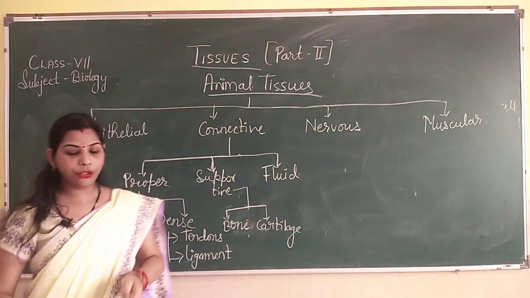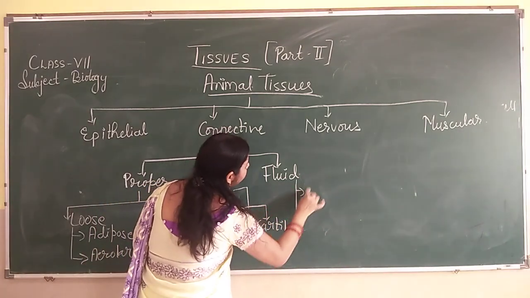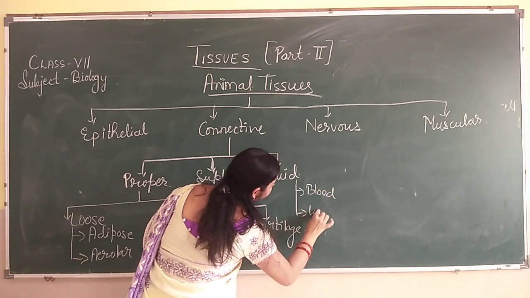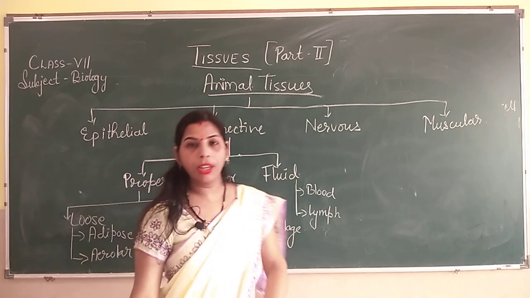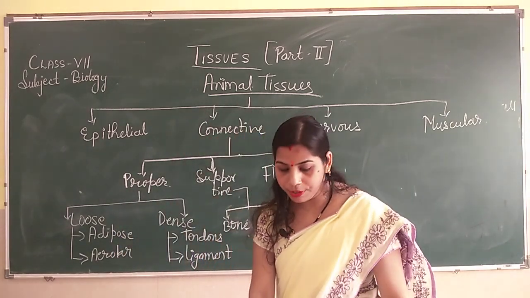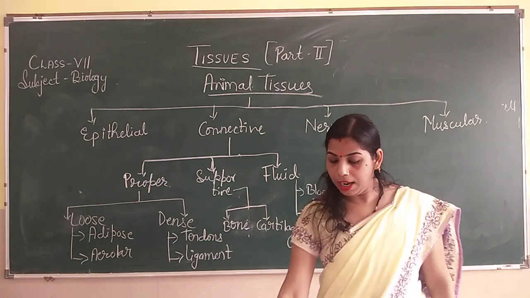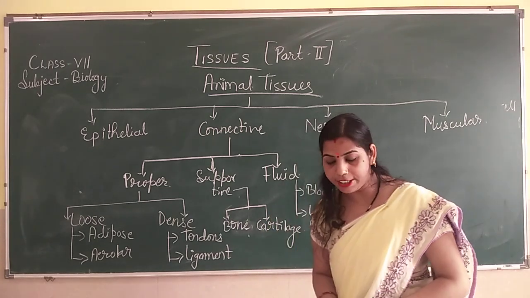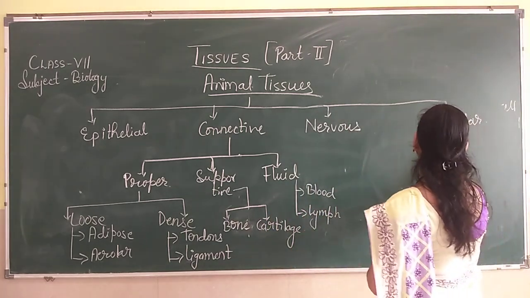And fluid connective tissue, that means the fluid part of our body, is of two types, blood and lymph. There is no division in the nervous tissue. Our muscular tissue is divided into striated muscles, unstriated muscles and cardiac muscles.